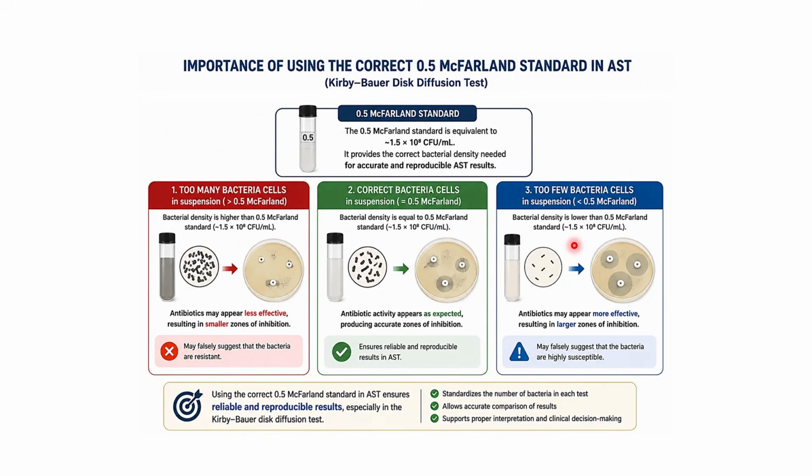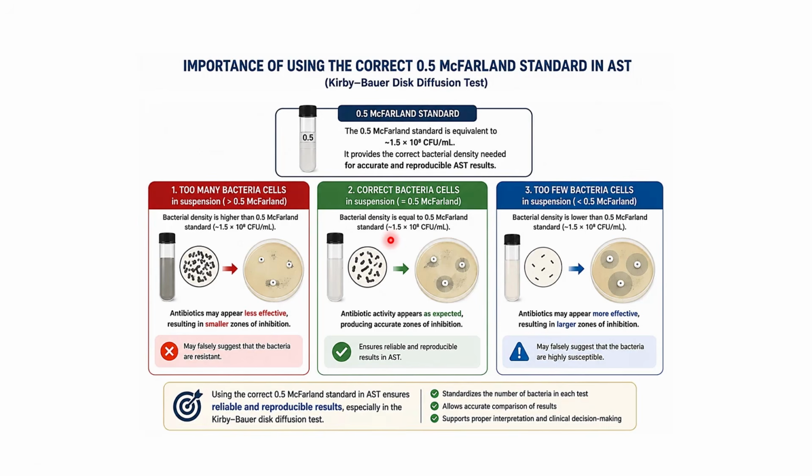So whenever this bacterial suspension with fewer bacterial cells is used in antibiotic susceptibility testing, because there are fewer bacterial cells, the antibiotics can stop their growth easily, and as a result, make the bacteria appear more susceptible to the antibiotics than they actually are. And this may falsely suggest that the bacteria are highly susceptible, whilst in actual fact, they are not.